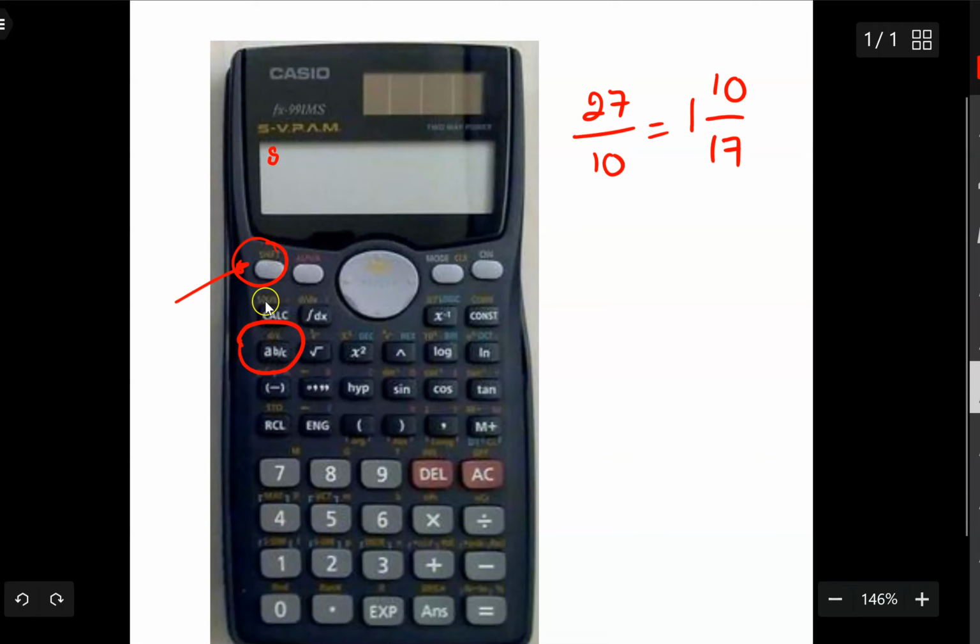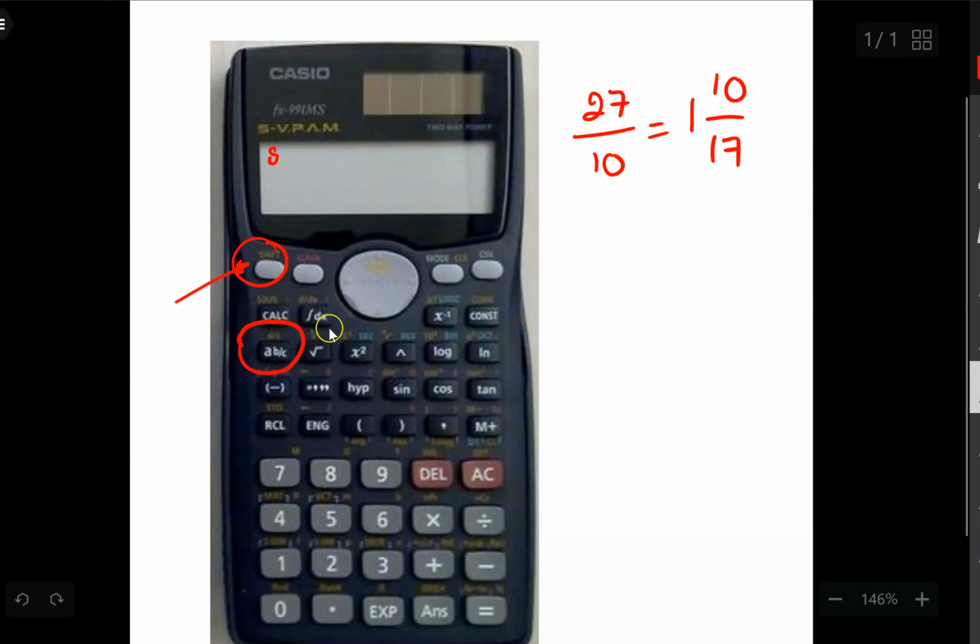With the shift key, it will enable the function above this key. If you take a closer look at this key, you see that it's arranged somewhat equivalent to a mixed number, and the d over c above is arranged as the improper fraction.